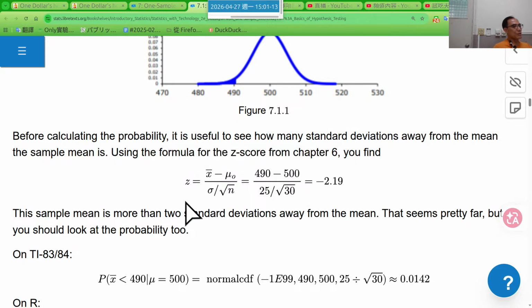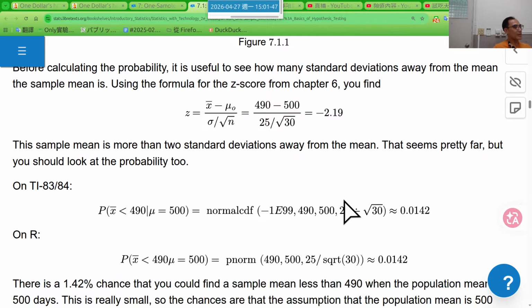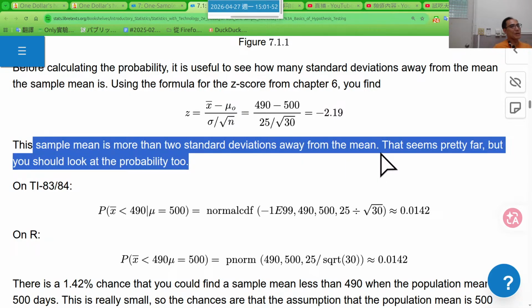Z-score equals, in the numerator, the sample mean x bar minus the population mean, divided by sigma divided by square root of n. So 490 minus 500, divided by 25, and the denominator is square root of 30, and we get the answer minus 2.19.